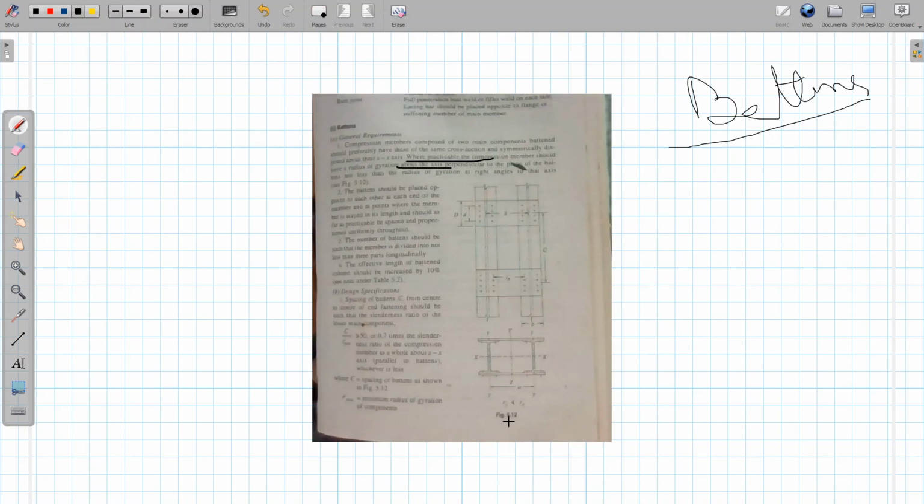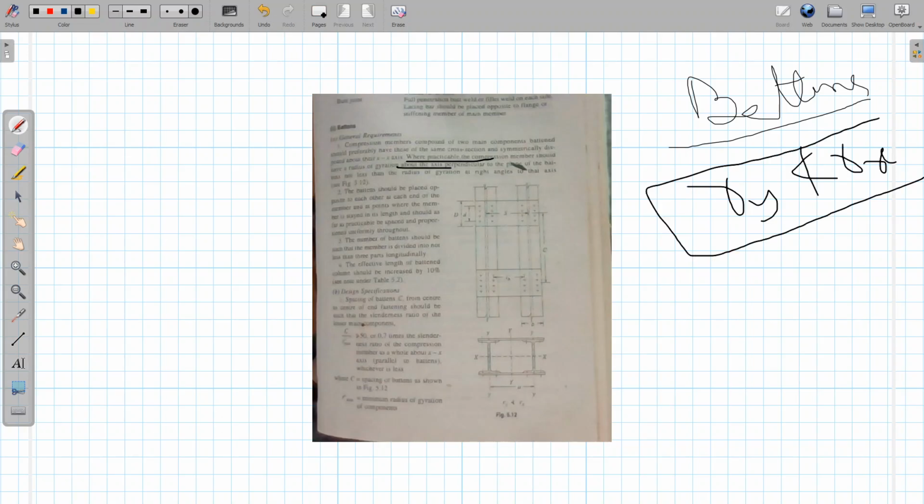The radius of gyration perpendicular to the axis of the battens should not be less than the radius of gyration about the same axis of the battens. That is, ry should not be less than rx as far as possible. So for a symmetrical column we try to keep ry equal to rx, which means the slenderness ratio in both directions will be equal. That is the first guideline for battens.